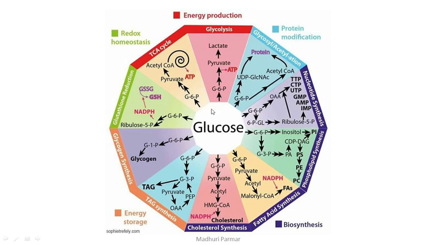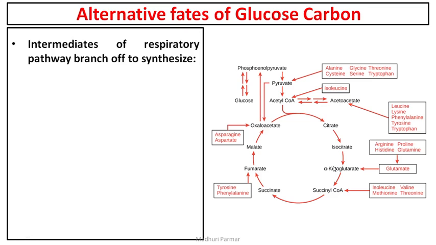Then, of course, we have seen that apart from glycolysis, glucose can go into the TCA cycle and give you more and more ATP, right? Complete oxidation. So from here you can say that glucose is such an important molecule. From the same molecule, you are getting so many different pathways and so many different biomolecules. So here are the alternative fates of glucose carbon.